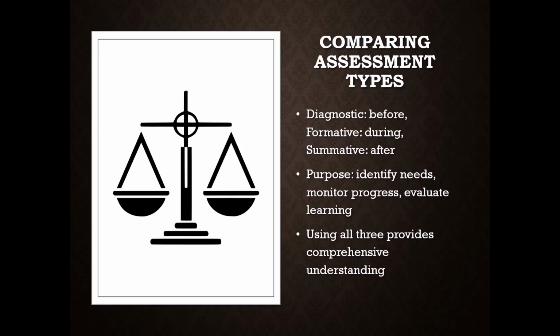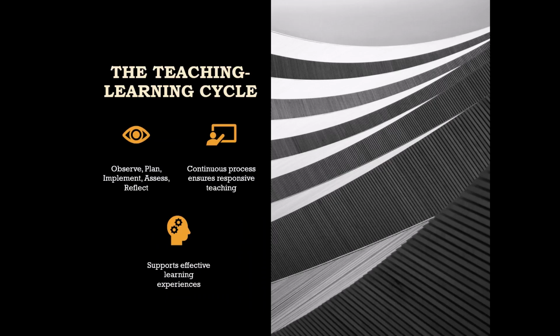The teaching learning cycle is a continuous, responsive process that begins with observing students' needs and interests. Based on our observation, we plan targeted learning experiences that we implement with flexibility. After teaching, we assess understanding through various methods and reflect on outcomes to improve future instruction.